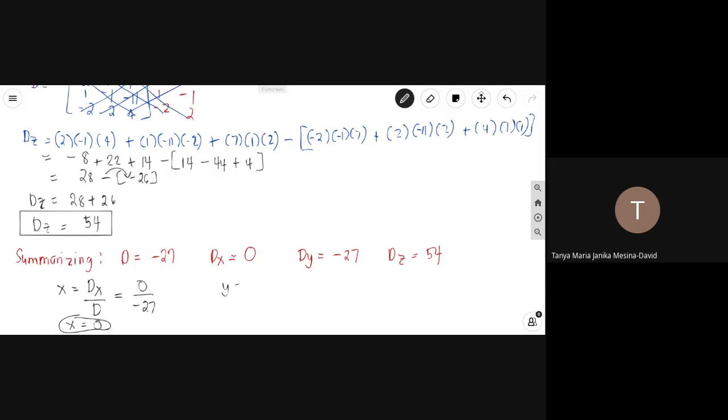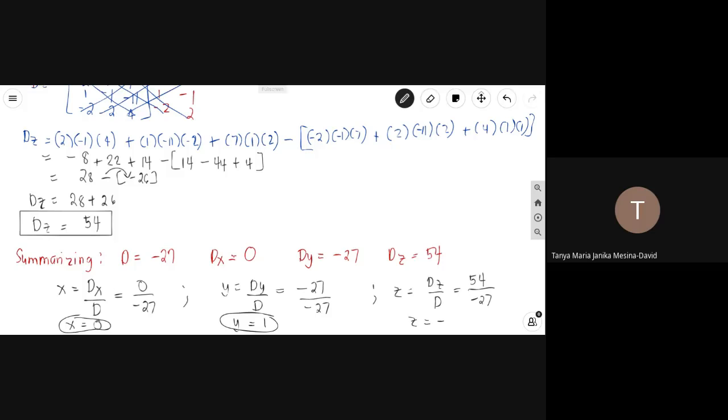Next, if we want to solve for y, that is dy over d, which means negative 27 divided by negative 27. Hence, y is equal to positive 1. And if we want to solve for z, the formula is dz over d, which is equal to 54 divided by negative 27.